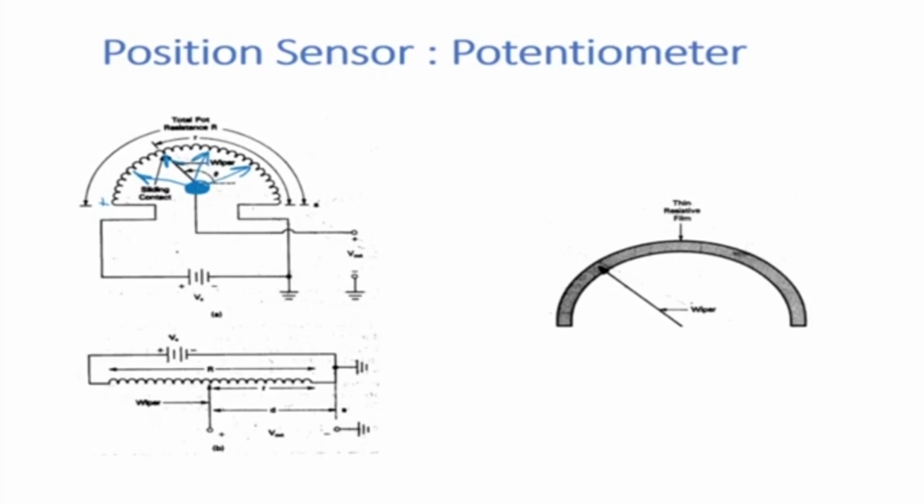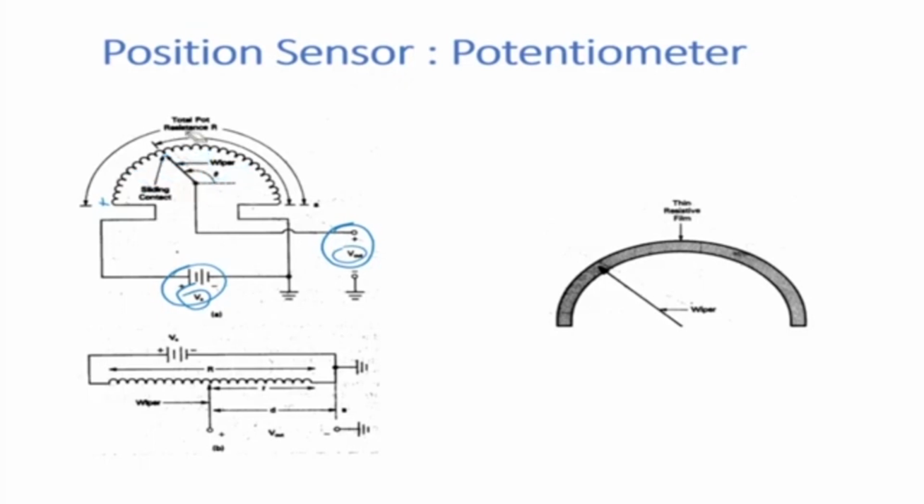The total voltage V is given to the main coil, and one of the terminals is also connected to the wiper. So this is my V in, and there is a V out there. Wherever the wiper is, that much resistance is considered.